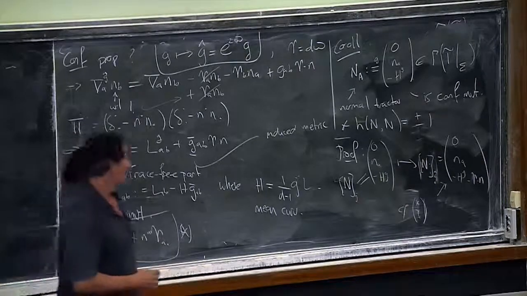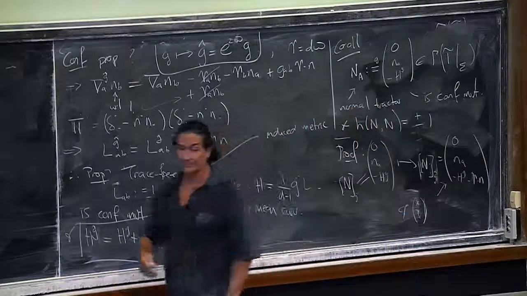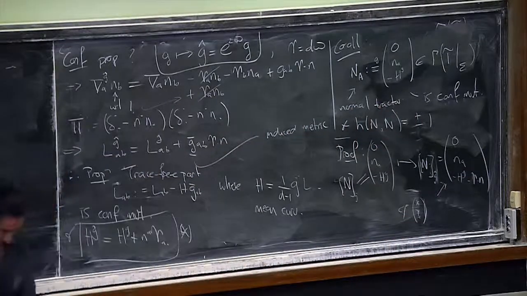Okay, so that shows the hallmark of being an invariant object. So that's the normal tractor.